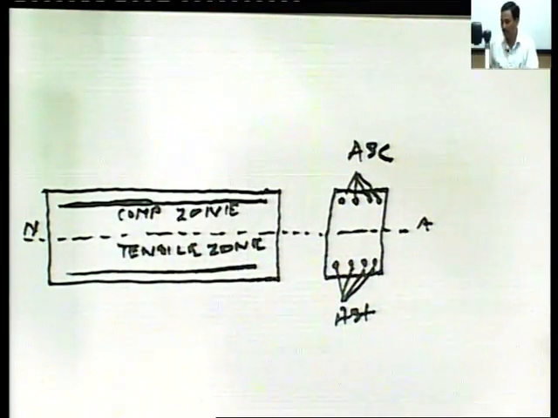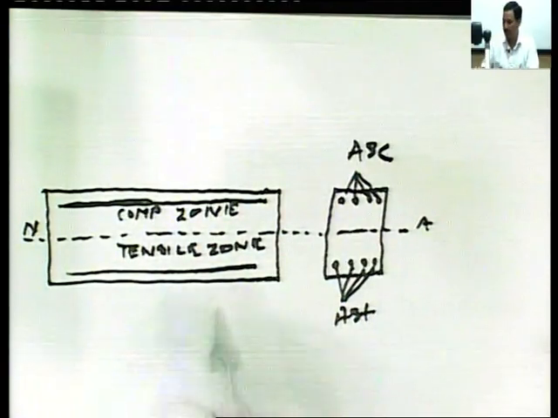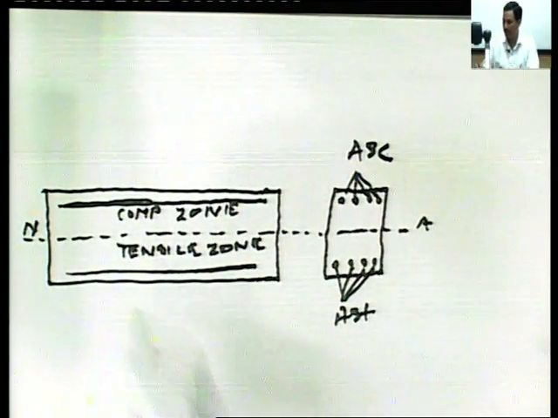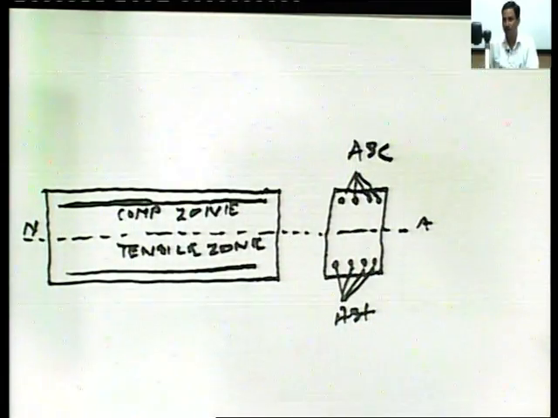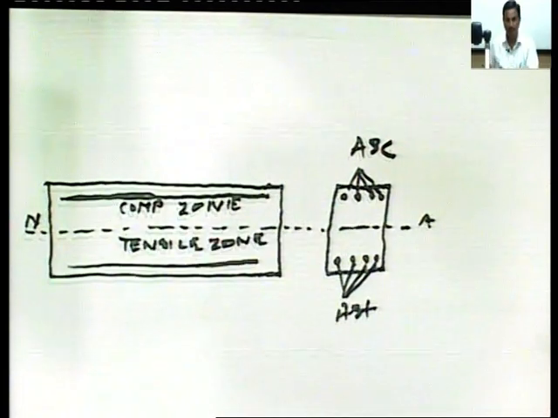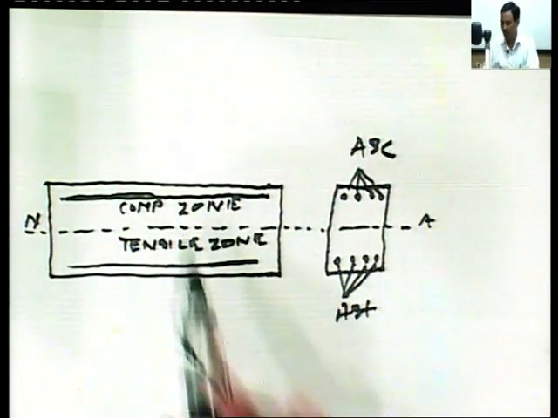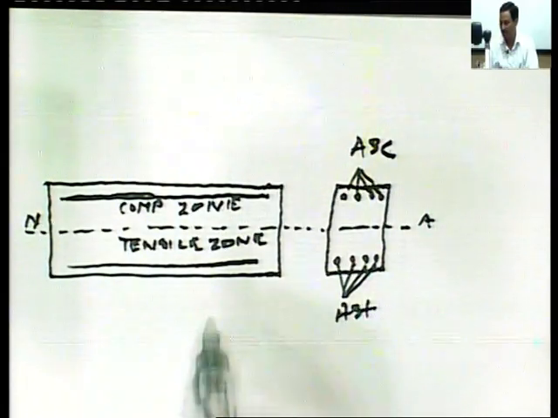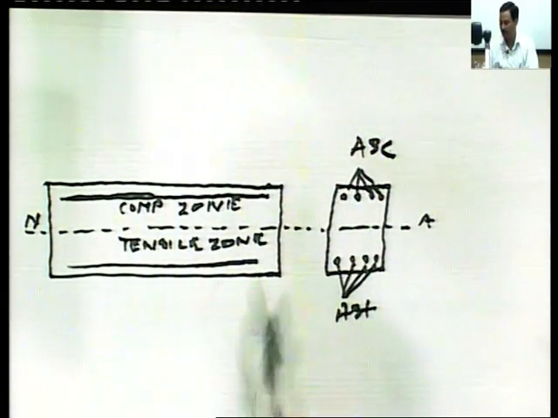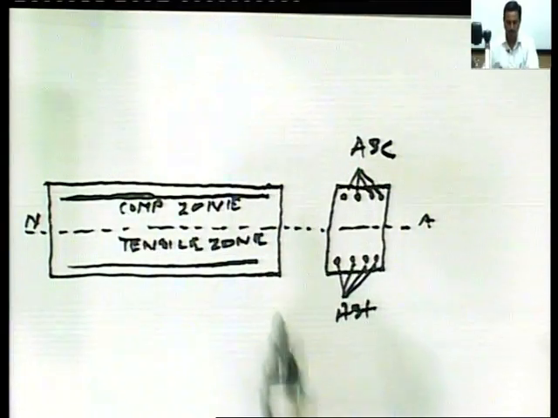So when the reinforcement is provided in tensile zone only, that type of beam is called singly reinforced beam. When the reinforcement is provided in tensile zone as well as in compression zone, it is called doubly reinforced beam.